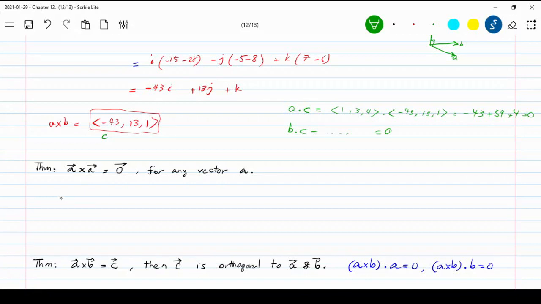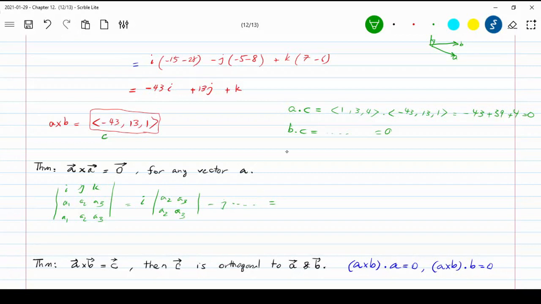And the reason for that is, if you write this determinant i, j, k, A1, A2, A3, A1, A2, A3, then you would get i times A2, A3. I'm going to only do the i term. You can calculate the minus j and the k term.